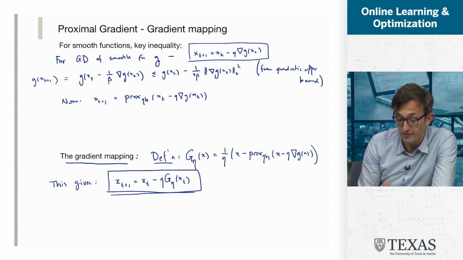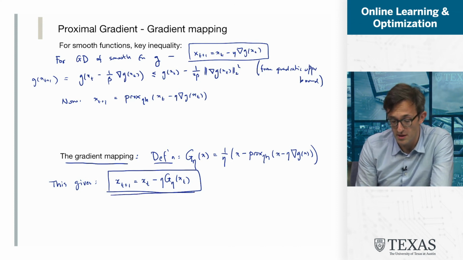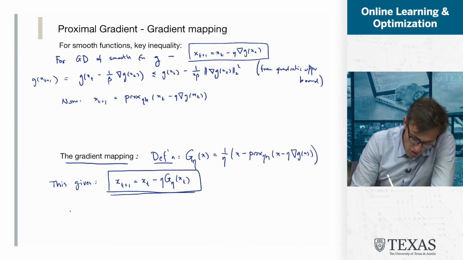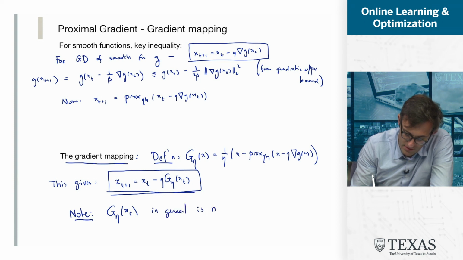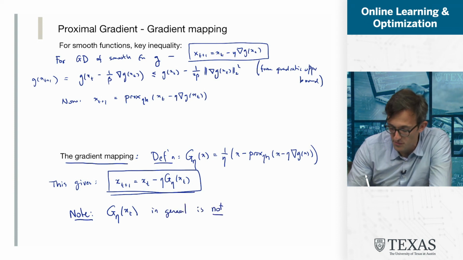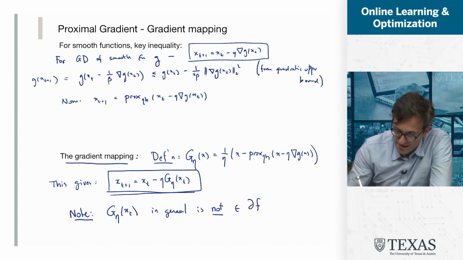And ideally, we'd like to show that it has similar properties to the gradient. But we should note that g eta of xt in general is not in the subdifferential of f of xt.